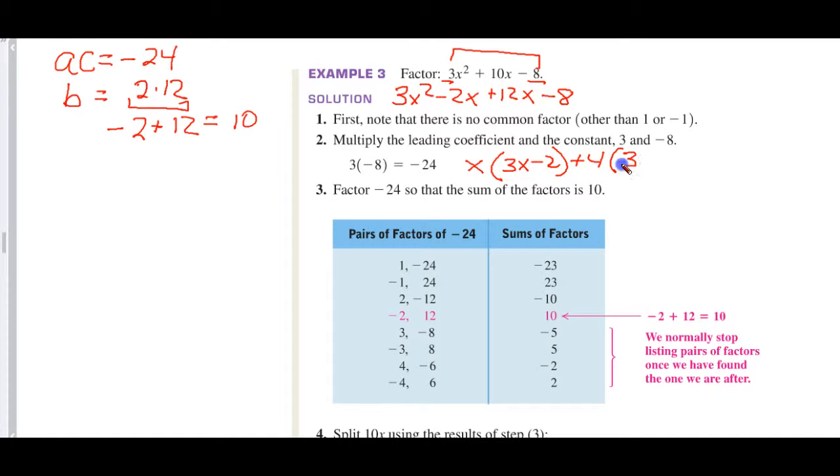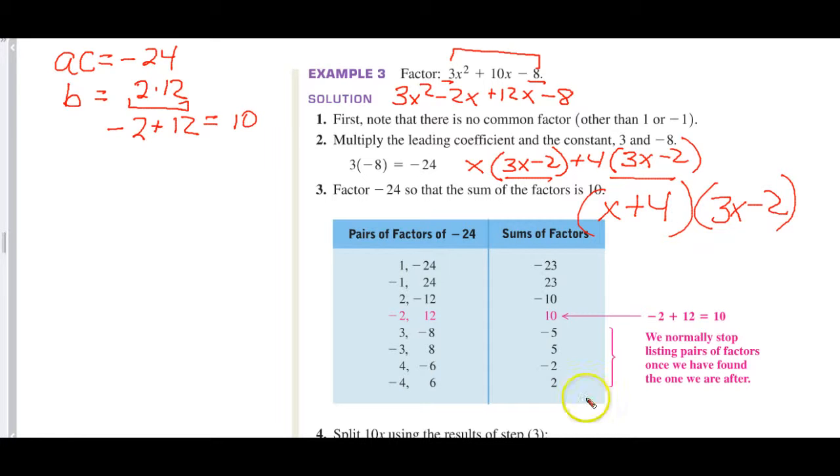And I get 3x minus 2. So again, this is going to be one factor. And I bring in my x plus 4. And if I FOIL it, I get my original trinomial.